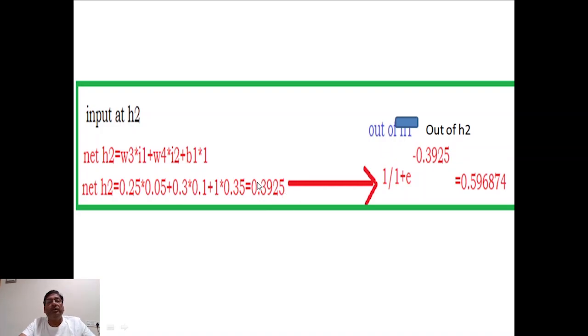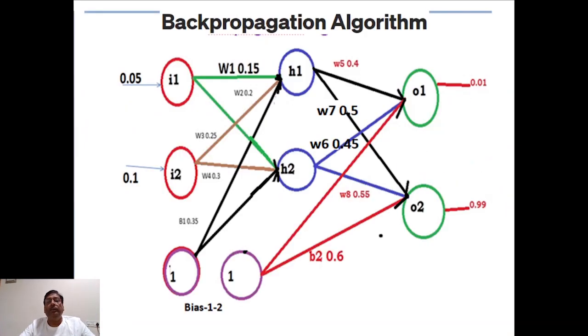This becomes the input of H2, and when you apply the sigmoid function, that becomes the output of H2, which is 0.596874 and so on. So now I know the input at H1 and H2, and the output of H1 and H2.